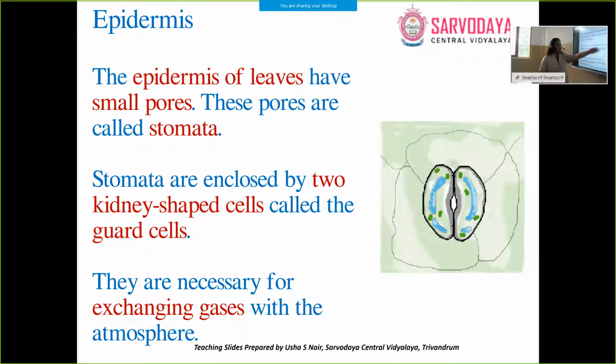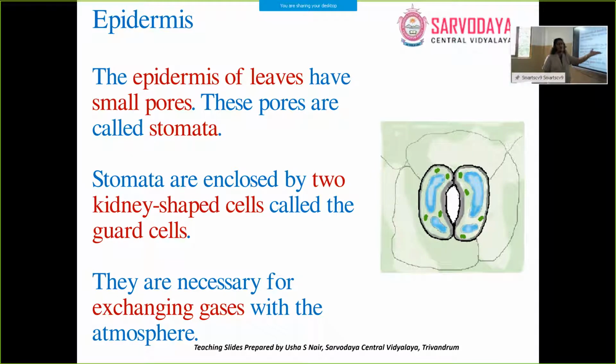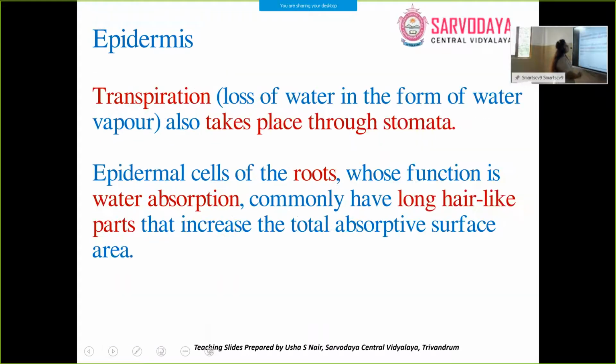By looking at the picture itself, you can see the stomata and the kidney-shaped guard cells. So this is a part of the epidermis. Then transpiration, which means loss of water in the form of water vapor, takes place through the stomata.